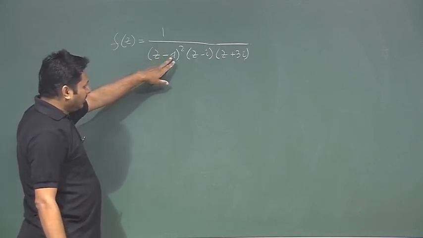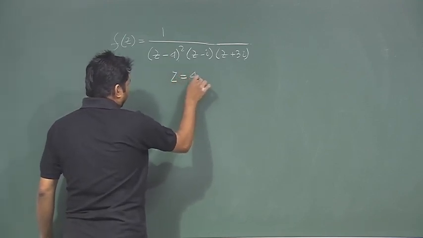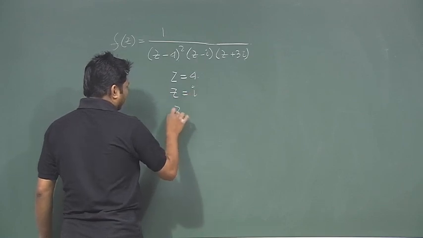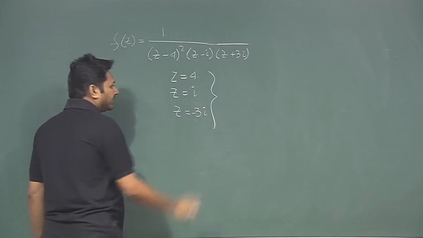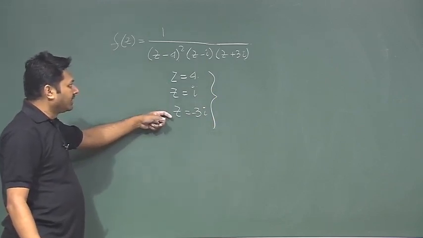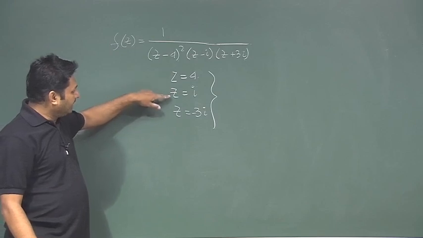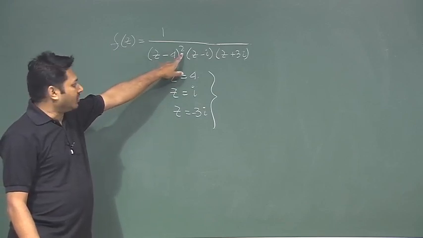There is one singularity at z equal to 4, another singularity at z equal to i, and another singularity at z equal to minus i. So, there are 3 different isolated singularities, but is there any difference between these two singularities, i and minus i, and this one? We have something here which is called power.